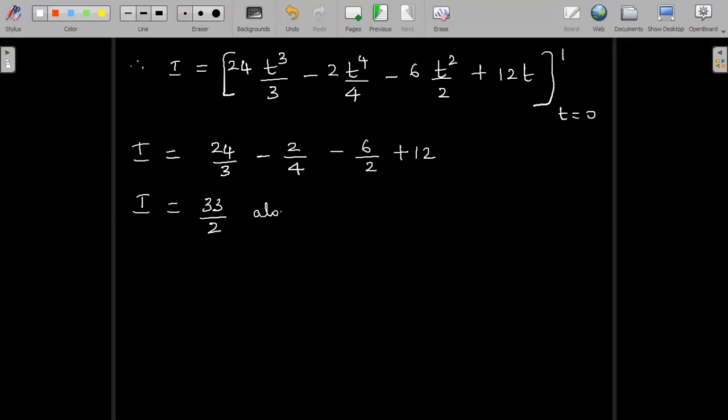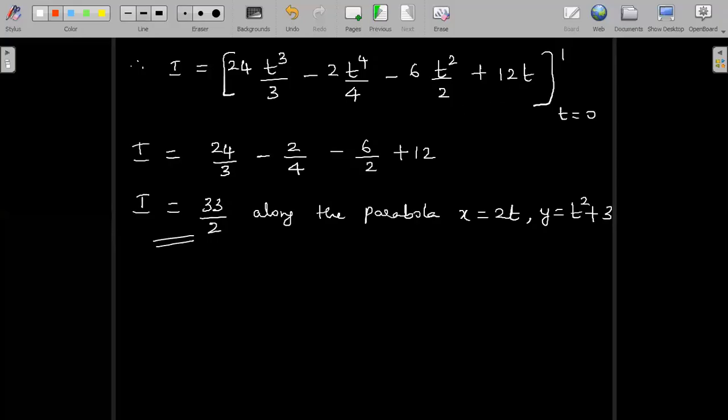So along the parabola, x is equal to 2t and y is equal to t square plus 3. So this was case 1 for us. Now we will do case 2.